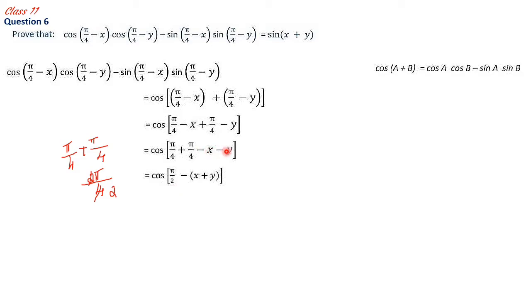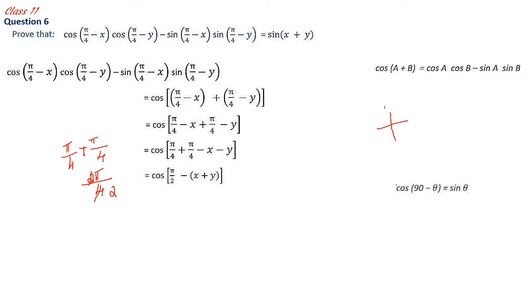Then in these two terms minus is common, when you take it out minus of x plus y will come. Cos of 90 minus theta is sin theta, or cos of pi by 2 minus theta is sin theta. How we have to derive that, I have told you in the previous section also. There we have to draw 2 axes.